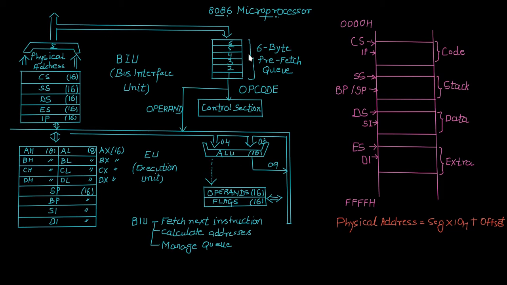You can see in blue the architecture of the 8086 microprocessor, and we'll study this whole architecture unit by unit, along with all the components. Here I've also drawn the main memory, the RAM, and some segment addresses. We're going to discuss all of them in this video.